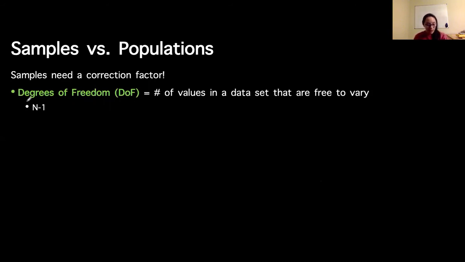Okay, so this is super important in terms of being a correction factor for our calculations, and degrees of freedom will show up in different ways. I'll just leave it at that for now because you'll see in coming weeks.